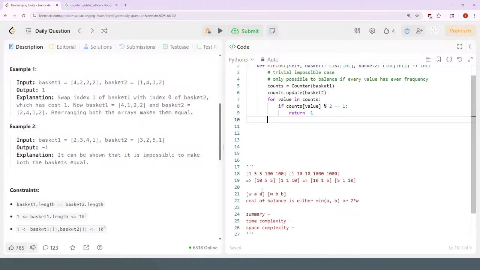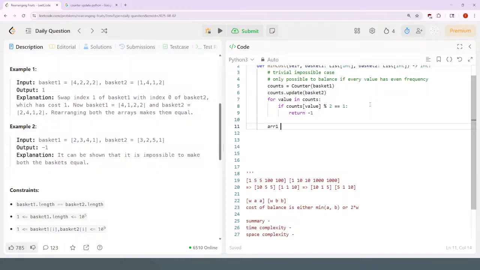So if I know the overall counts, maybe I need to first start by deducting the pair stuff from the array. So let's say array 1 is removing the non-trivial stuff.